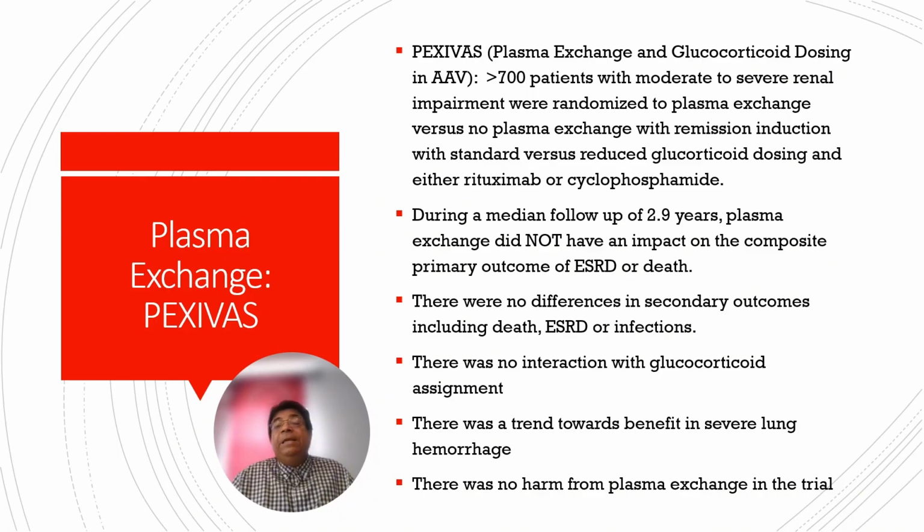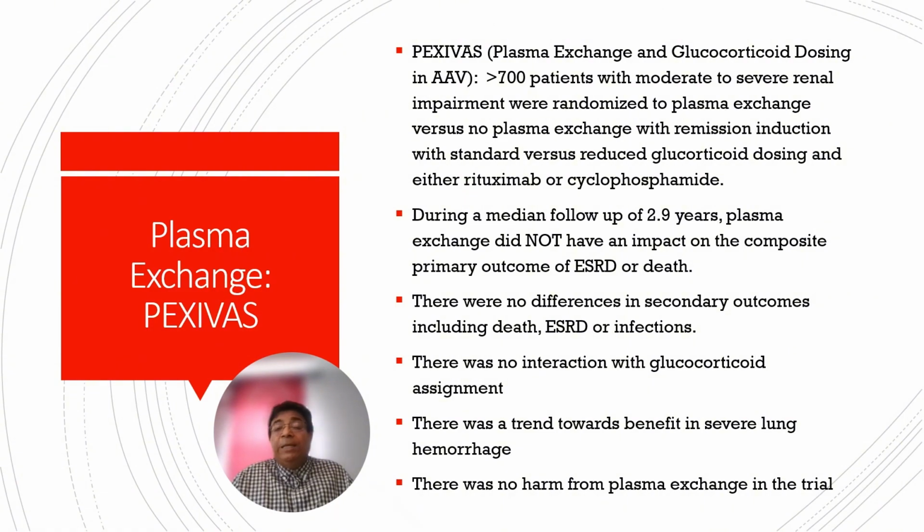So during a median follow-up of 2.9 years, plasma exchange did not have an impact on the composite primary outcome of end-stage renal disease or death. There were no differences in secondary outcomes, including death, end-stage renal disease, or infections. And there was no interaction with glucocorticoid assignment.